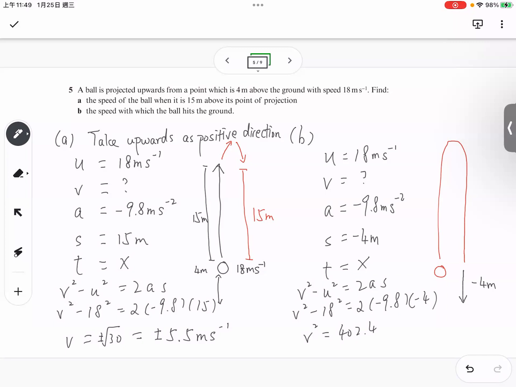So this time I will only keep the negative sign, negative square root of 402.4. So this is negative 20 meters per second. That means it goes down with negative 20 meters per second. So don't keep the positive one for this question.